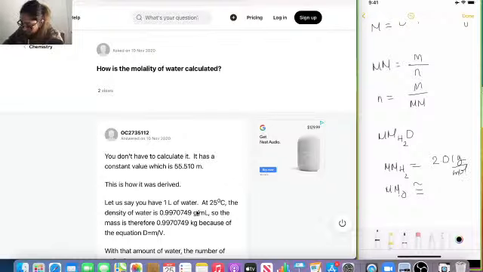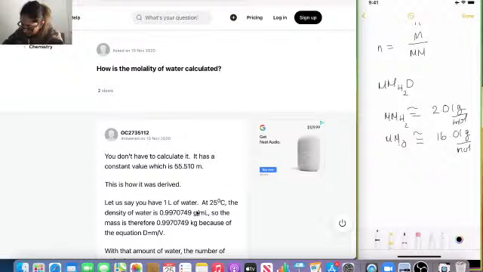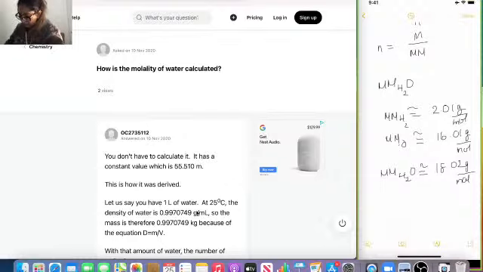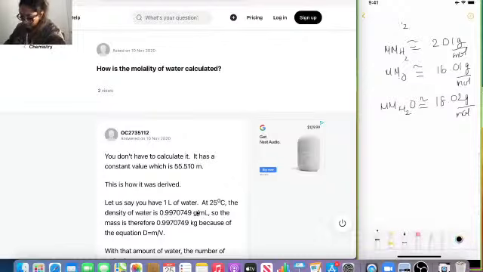The molar mass of one oxygen atom is 16.01 grams per mole. If you add this together, the molar mass of H2O is around 18.02 grams per mole. Now that we have our mass and our molar mass, we can calculate the number of moles, which would be 0.